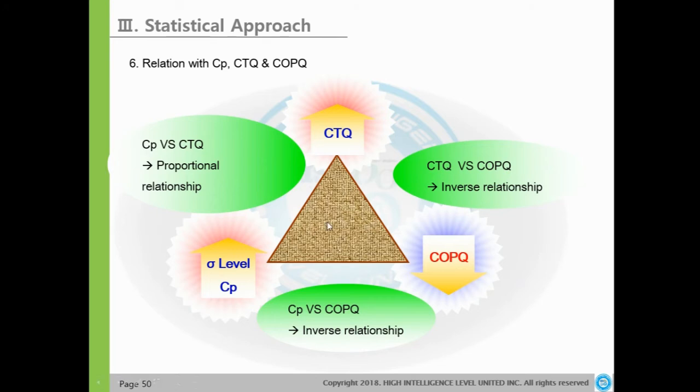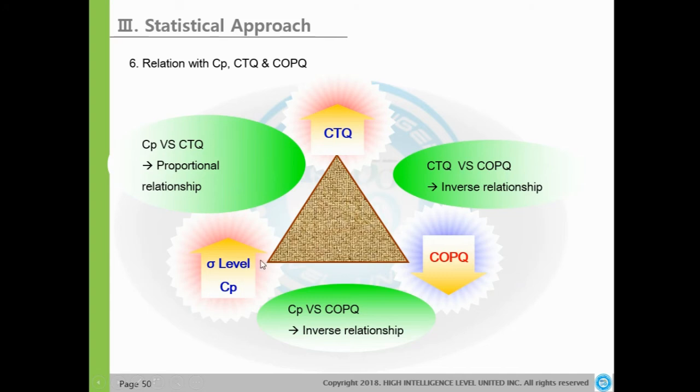And now see the relationship among CTQ, CP, and COPQ. CP versus CTQ is a proportional relationship.